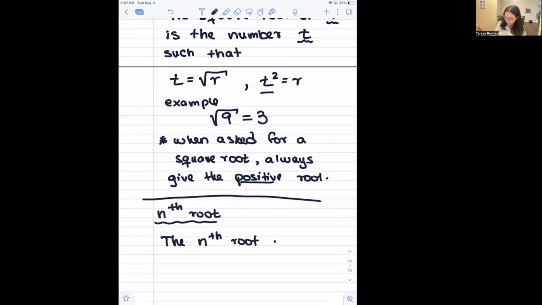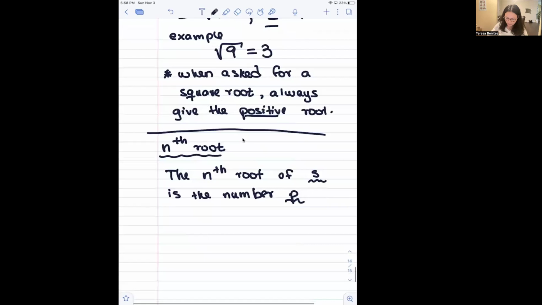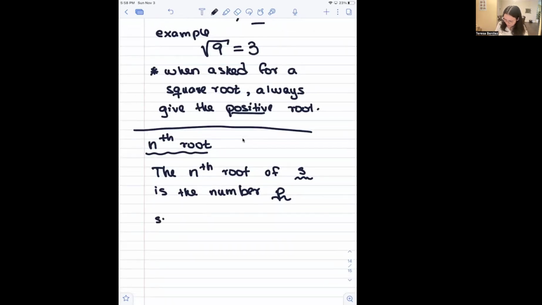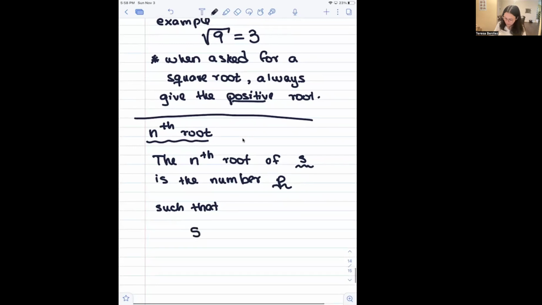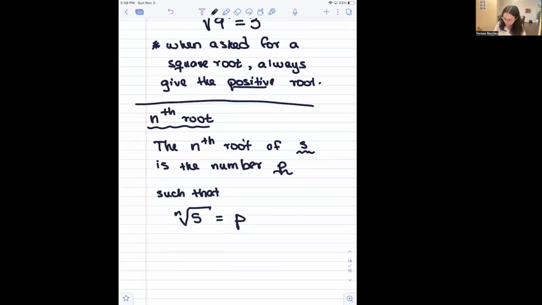The nth root of a number, let's call it s, is the number p such that p to the power of n is equal to s. I'm mentioning this to make sure I stay under 15 minutes total.